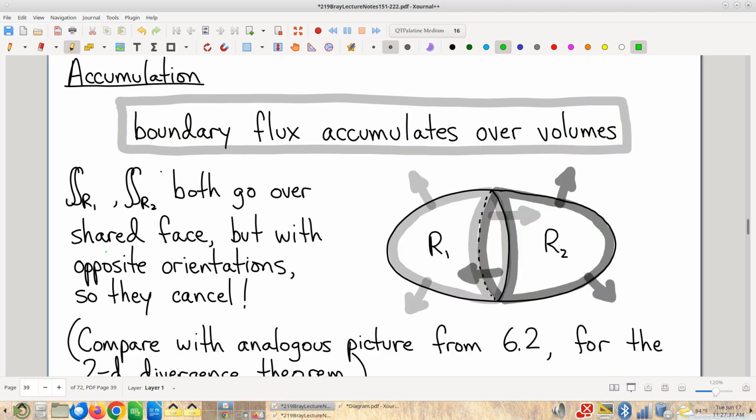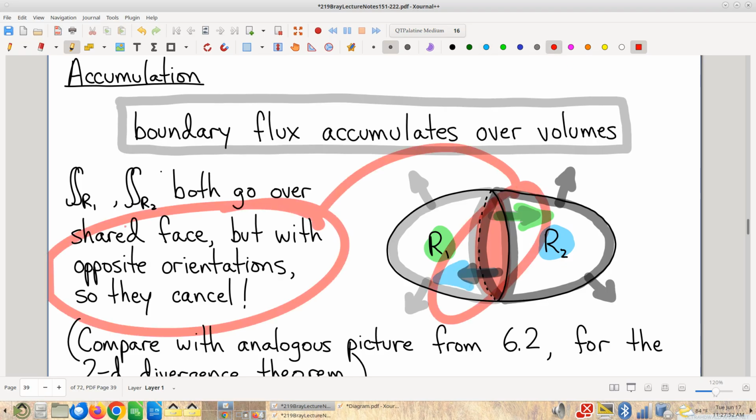Well, the big question, as before, is going to be this cut face, where it shows up twice. As part of the boundary of R1, it's oriented that way, and as part of the boundary of R2, it's oriented that way. And we have the same integral twice with opposite orientations, and they cancel. And we've seen that several times previously.